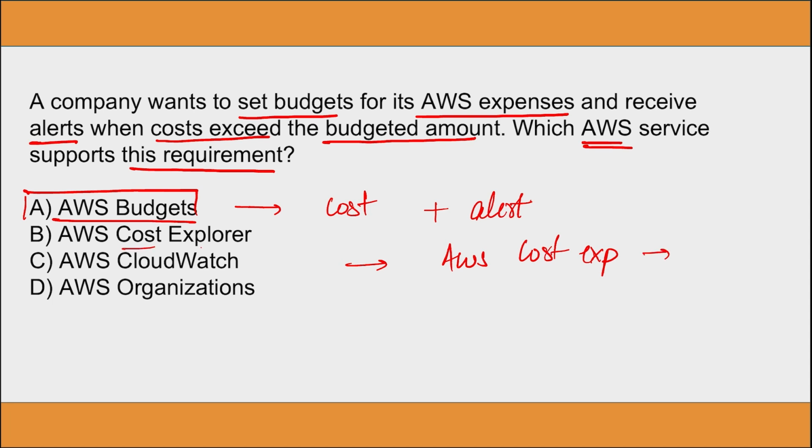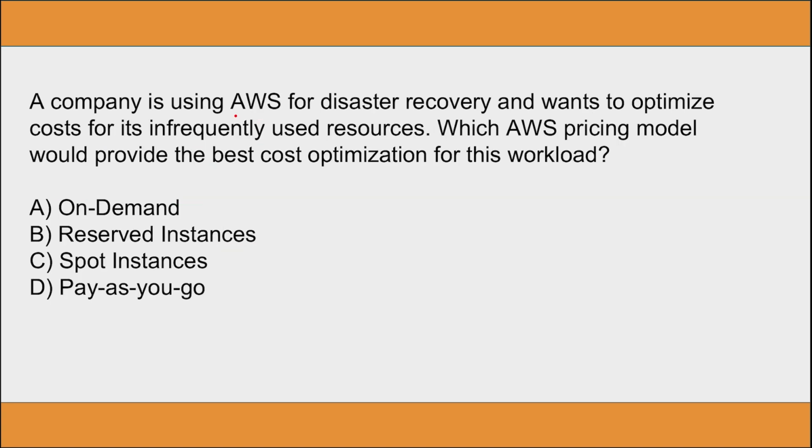AWS Cost Explorer will give us detailed reports on where we are spending, which instances, which resources, which services are being used by us, for how long, and what the price is. And also this will give us alerts for price overrun. That means if we go beyond the amount specified here, it will alert us. So, AWS Budgets.